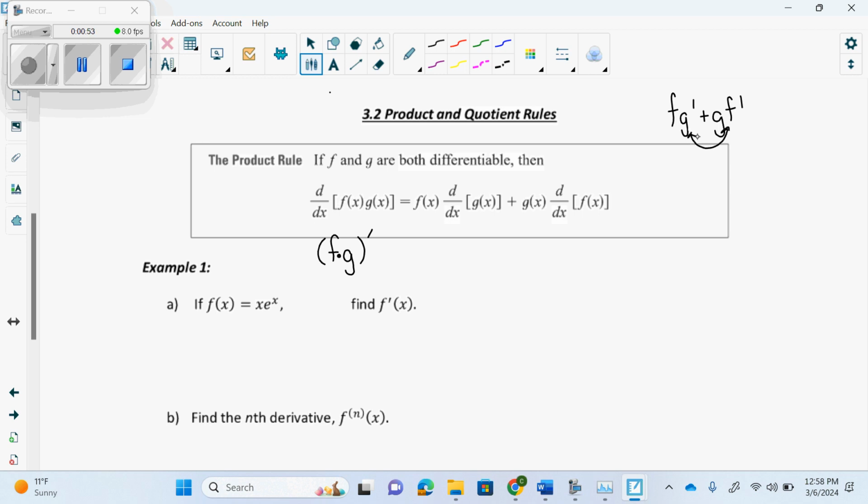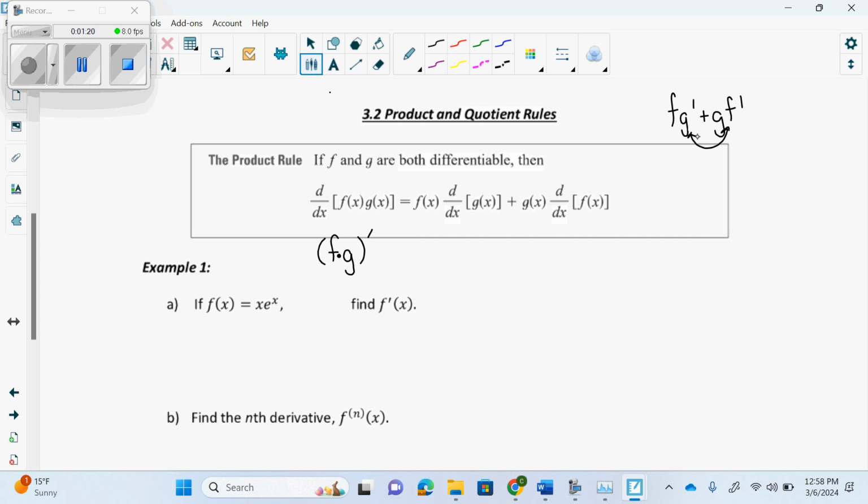Is that true? The reason why I swap them and don't write them the way the textbook writes them is because if you swap them, you're actually one minus sign away from having the quotient rule. If you write them the textbook way, it is not how the top of the quotient rule looks. So then you have to memorize two different formulas, and I choose not to go that route. I always write g f prime plus f g prime, so I have the quotient rule already memorized.